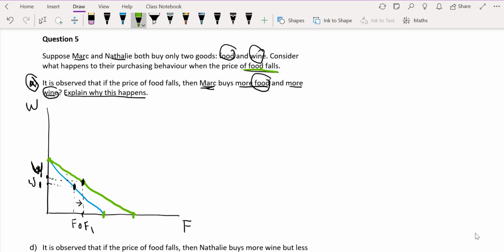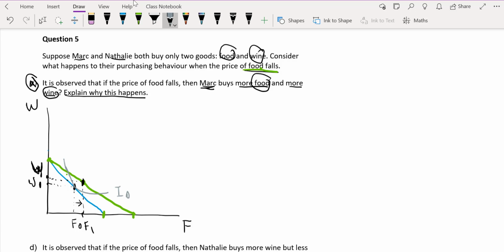Let's put it this way. Let's put this thinner. And this is our original indifference curve, I0. Now what happens is that with the food price lowering, there is a substitution effect.